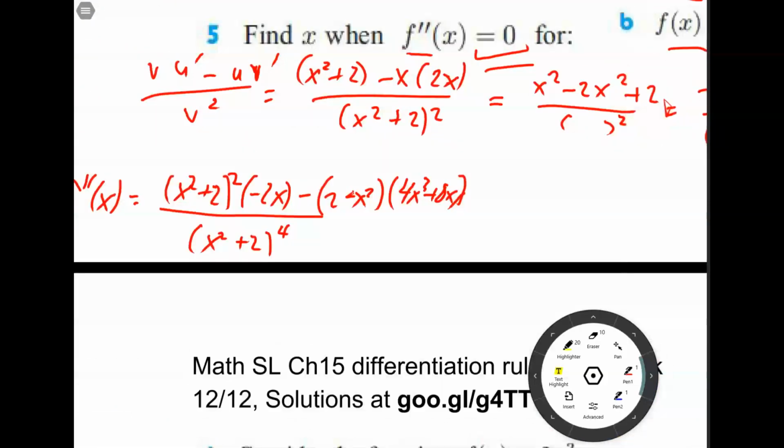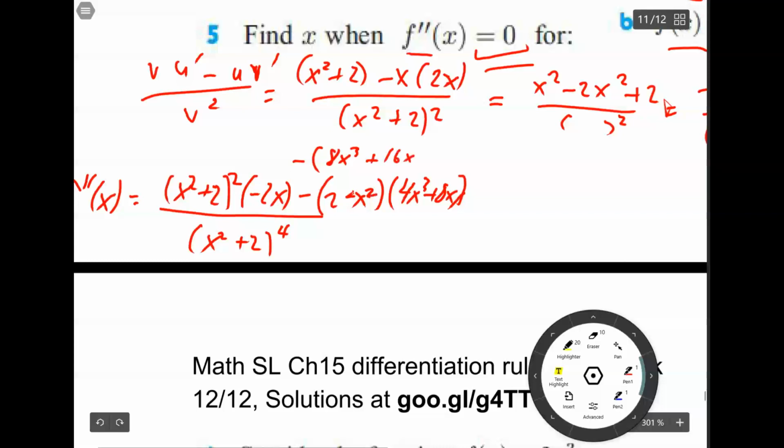Now I could simplify the top a little bit, right? So let's see. Minus, and then 2 times 4x cubed is 8x cubed. 2 times 8x is 16x.